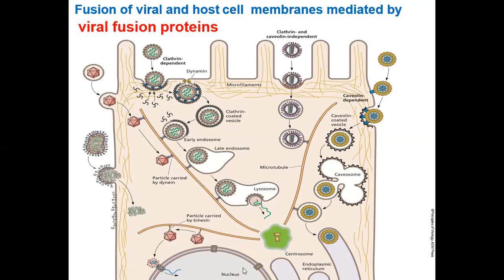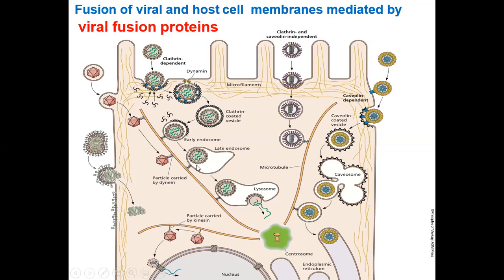Some of the genomes are not needed by the nucleus, so they will just stay within the cytoplasm. So these are some molecules, clathrin-dependent here. These are the molecules that are needed, and dynamin is a structure made by these molecules here, right? Then these are the clathrin molecules, and the clathrin-coated vesicle is formed, and after that we have an endosome.